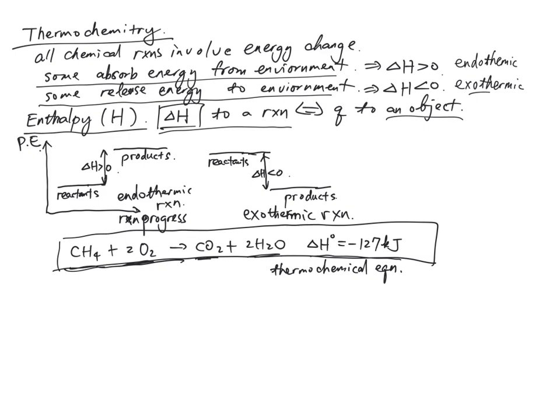But if we have those data, we can figure out, to heat up this pot of water from, let's say, room temperature 20 degrees Celsius to boiling 100 degrees Celsius, how much heat do I need? And once you know how much heat you need, you would be able to figure out, using a thermochemical equation, how much natural gas I actually need to burn to produce that much heat to heat up my water.